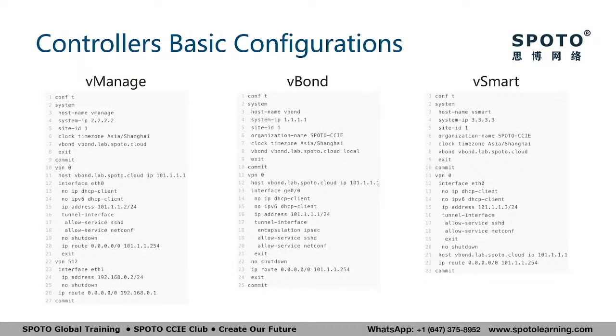This is the controller's basic configuration comparison. We have vManage, vBound, and vSmart. The essential difference is here. It's local, right? vBound is local because it's a vBound.